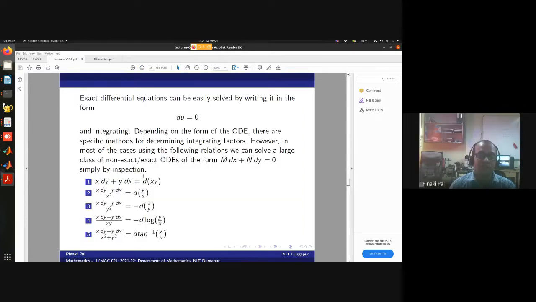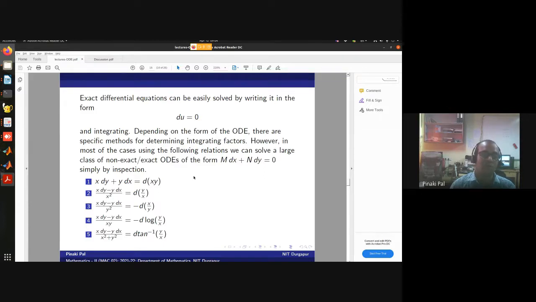As I mentioned earlier, there are several ways to make a differential equation which is not exact, exact, by multiplying it with some appropriate factor which is called an integrating factor. And there are several methods depending on the nature of the functions M and N. I'm not going into the detail of those methods, which is not necessary at this stage.